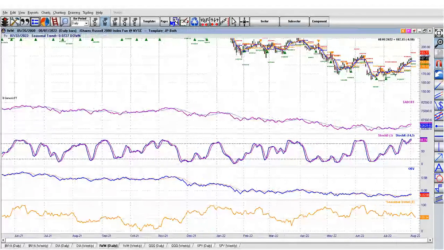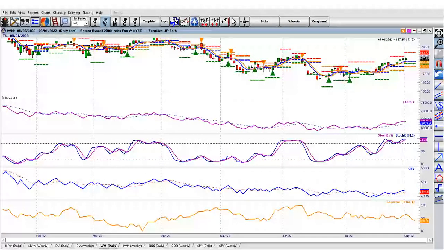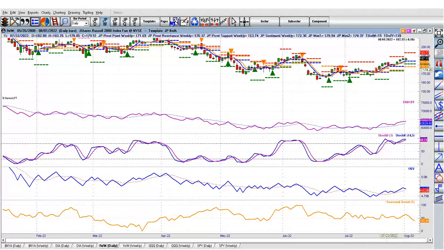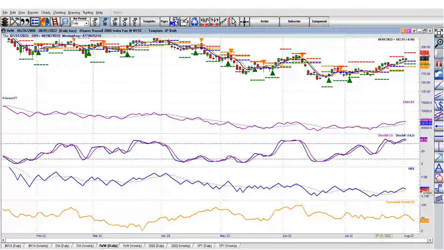Because the last thing you want to be is a follower of some analyst like John Person, who says, gee, the seasonal tendency is to go up after the first week in the Russell, and the only other person who believes that is, I don't know, one other guy. We want to see if the rest of the trading community believes that, which would be reflected in an uptick and an increase in the on-balance volume trend. Is price going up with participation and improvement in volume?